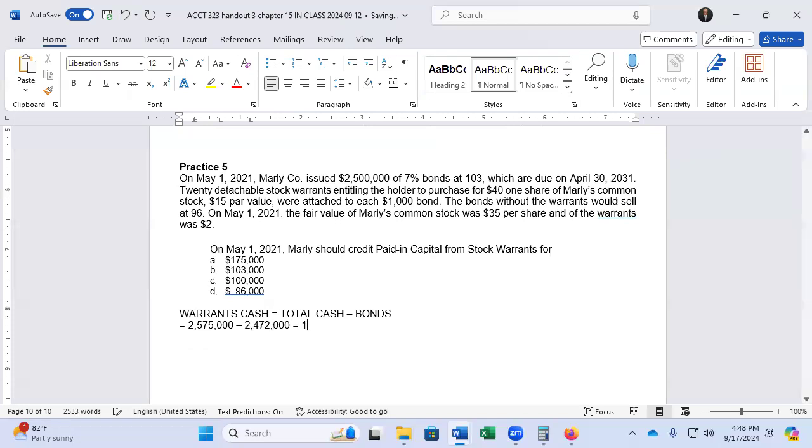And so that was 103,000. So we'd have debit cash, 103,000. Credit paid in capital, stock warrants, 103,000.